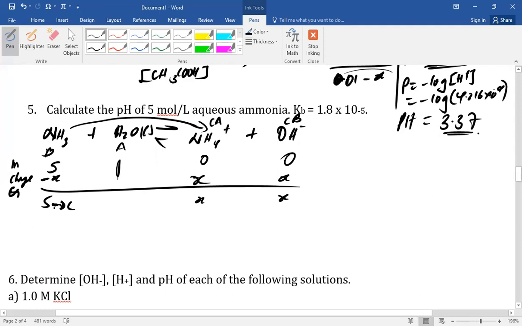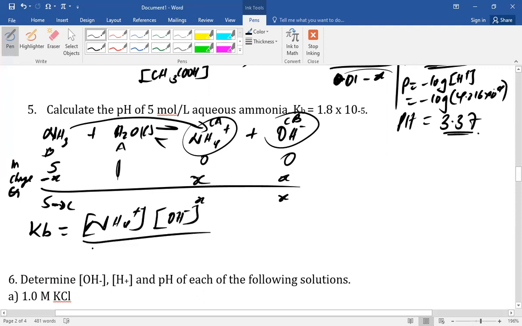Now we go to the next stage, where we have to find the Kb. So here our Kb is given by what? The reason we're having Kb is that the ammonia we have is a base, so we can't get the Ka. Here we just take the concentration of ammonium, the concentration of hydroxide, over the concentration of ammonia.